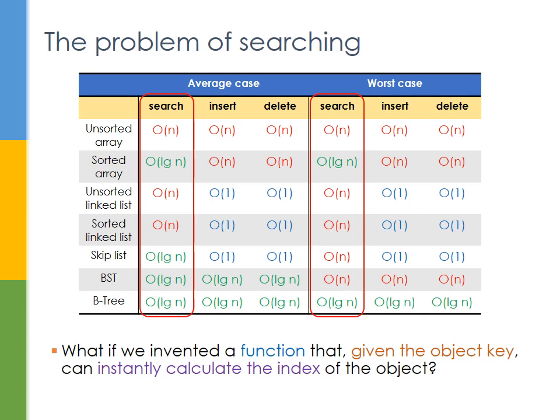So what we are going to talk about today is a data structure that basically allows you to link a given object key with a given index in that database table.